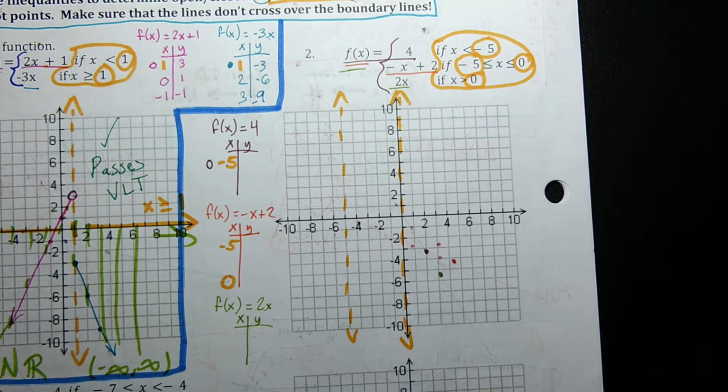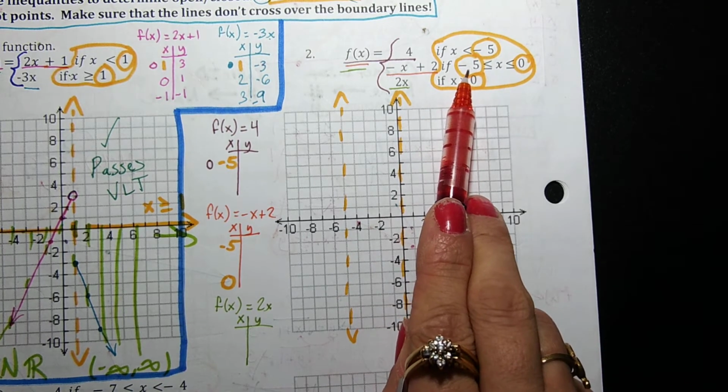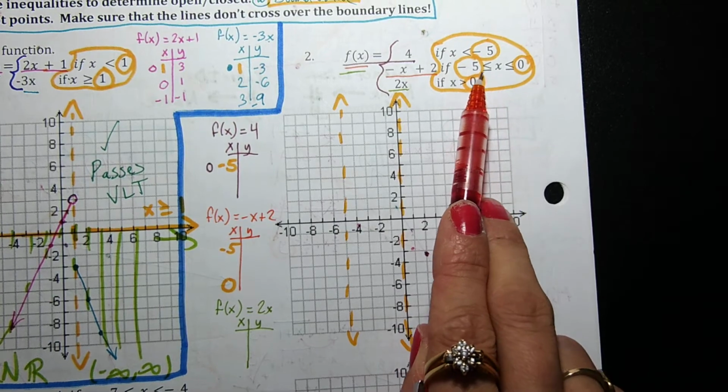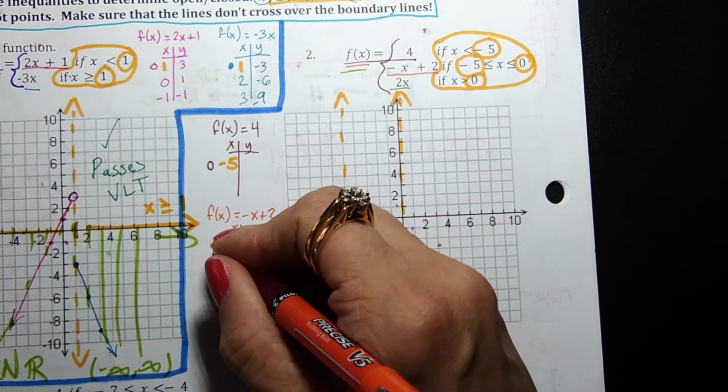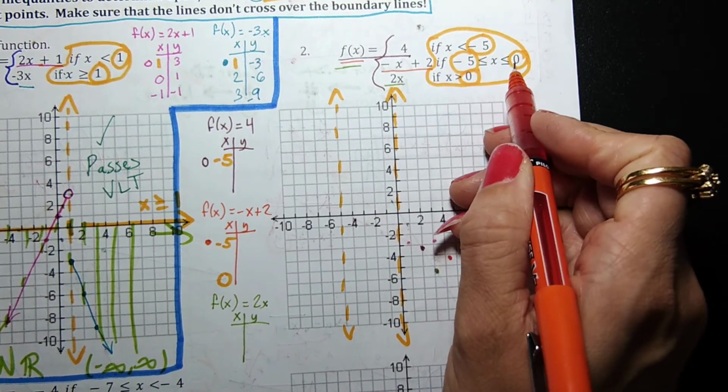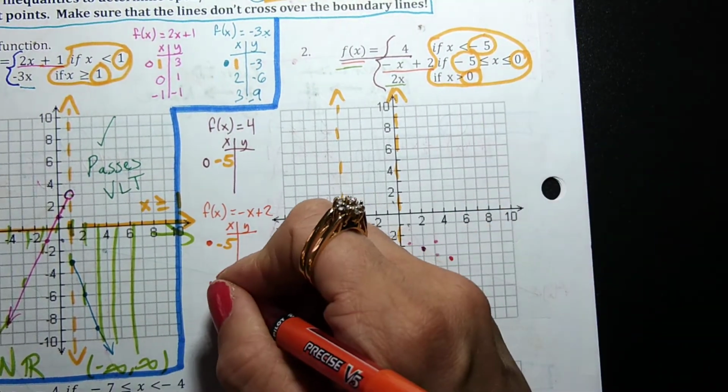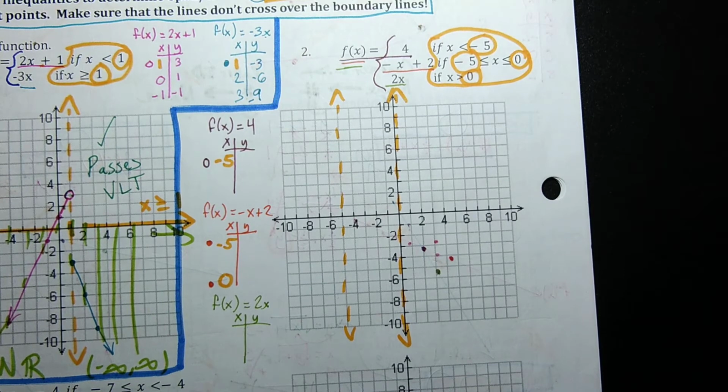This piece is sandwiched in between 2 bound lines, so I'm going to have to know what it's doing from bound line to bound line. Now, at the -5, will it be a closed dot or an open dot? It's x greater than or equal to -5, so that means it's defined there, closed dot, and x less than or equal to 0, so it's a closed dot there as well.